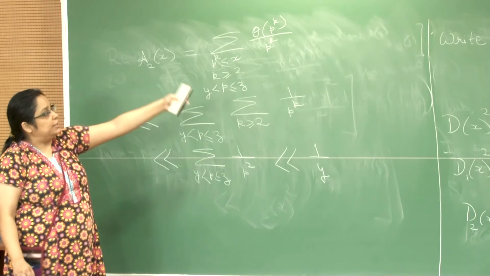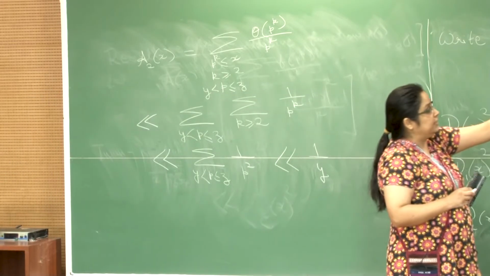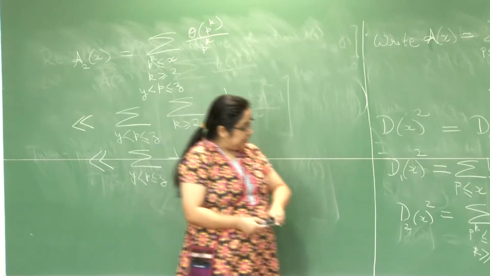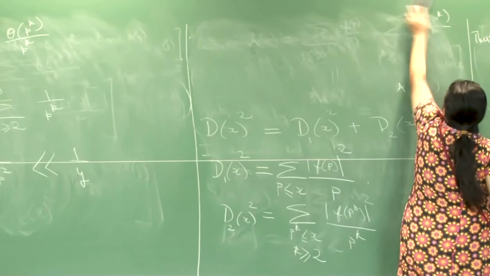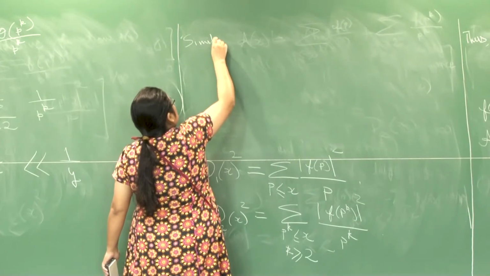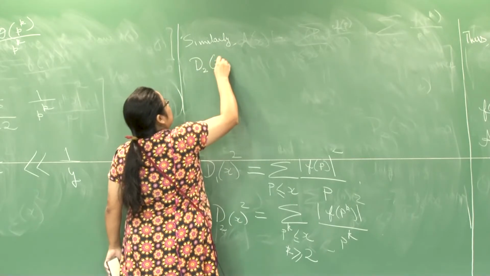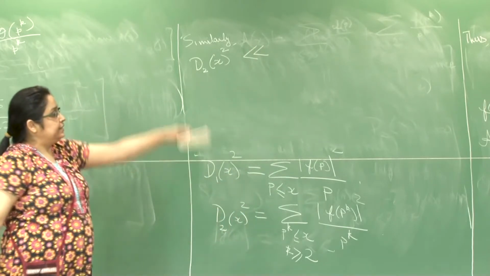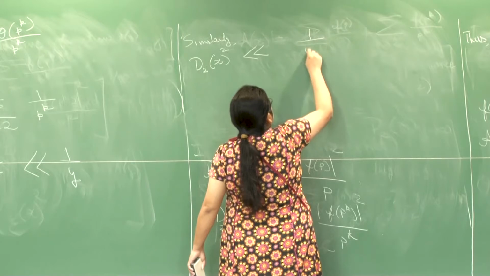This is how you take care of the tail of these terms in the Turan-Kubilius inequality coming from higher prime powers. And you can use exactly the same idea for d2 of x whole square. Similarly, it is also less than 1 over y.